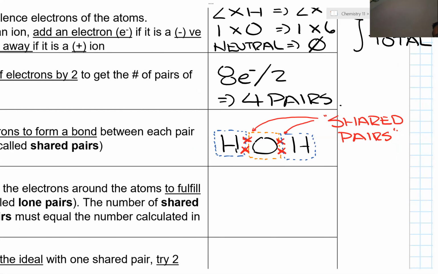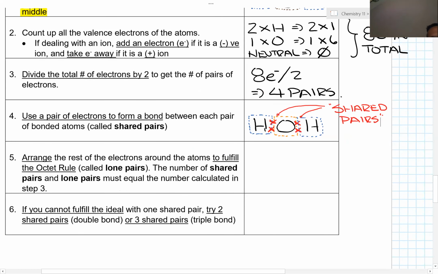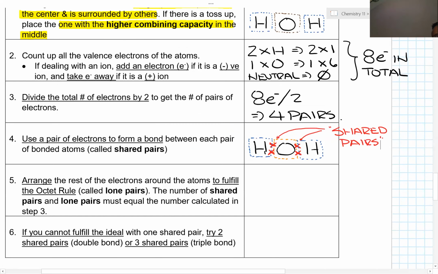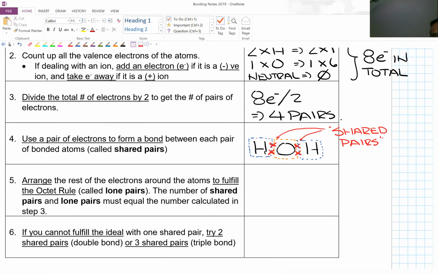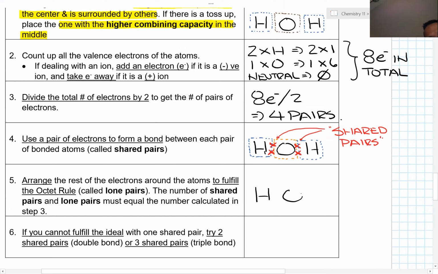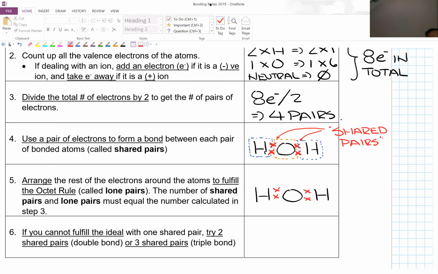Okay? Now, it says arrange the rest of the electrons around the atoms to fulfill the octet rule, called the lone pairs. The number of shared pairs and lone pairs must equal the number calculated in step 3. So if we were to do this, I'm going to rewrite step number 1. So we have hydrogen, oxygen, hydrogen. So we have a pair of shared pairs. Those are the ones I'm going to mark with an X. What I'm going to do is I have 2 left over because I used 2 in the shared, and that leaves me 2 left over because I have 4 in total.